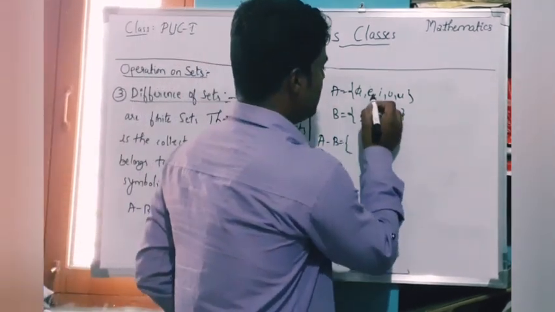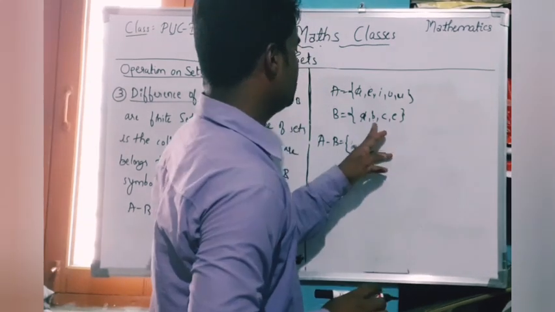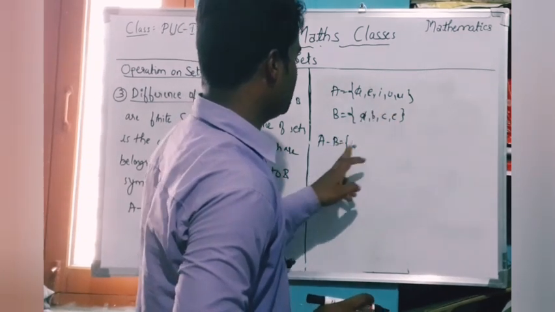B is in B but not in A, so it is not an element of A minus B.